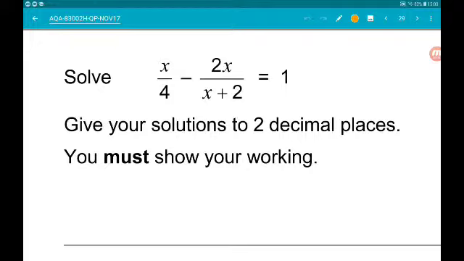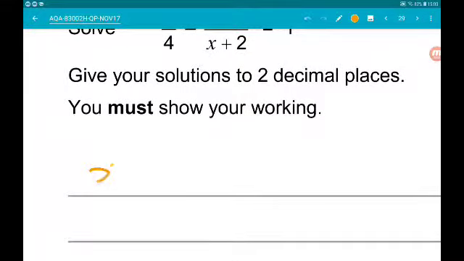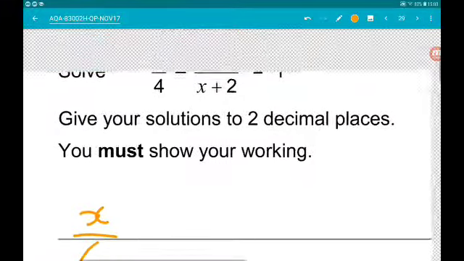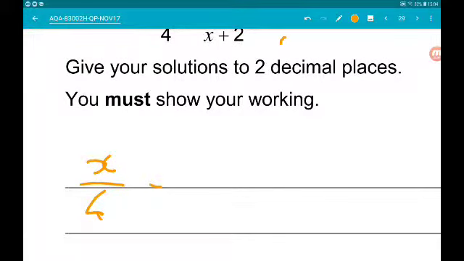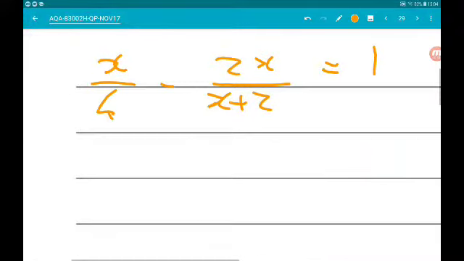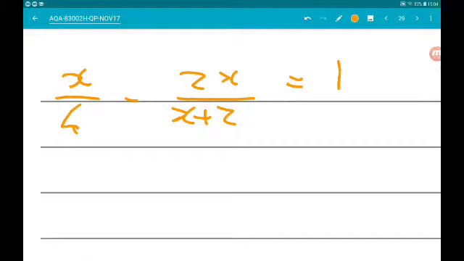Right, okay, so we got x over 4 minus 2x over x add 2 is equal to 1. Right, quite a few ways we could go about this. What I'm going to do is multiply the whole equation through by each of those denominators one at a time. So I'm going to first of all multiply through by 4.